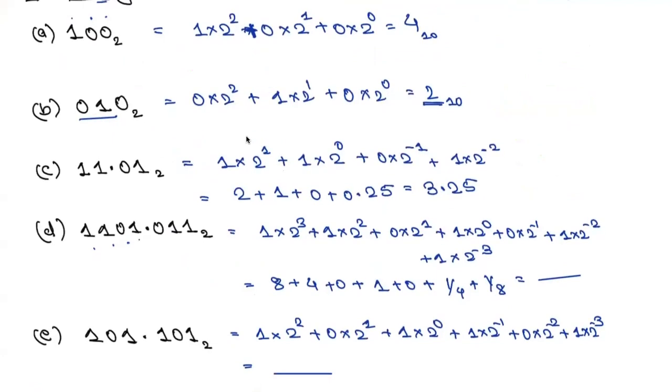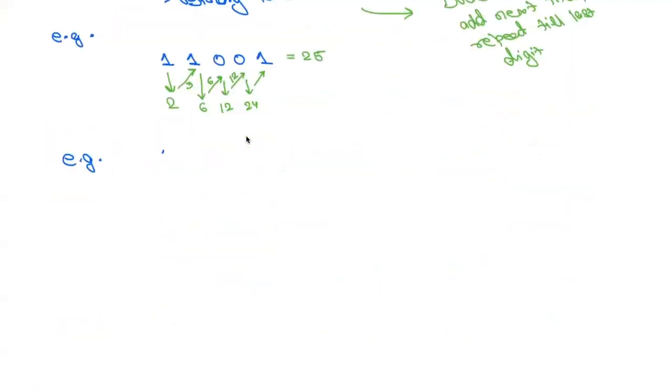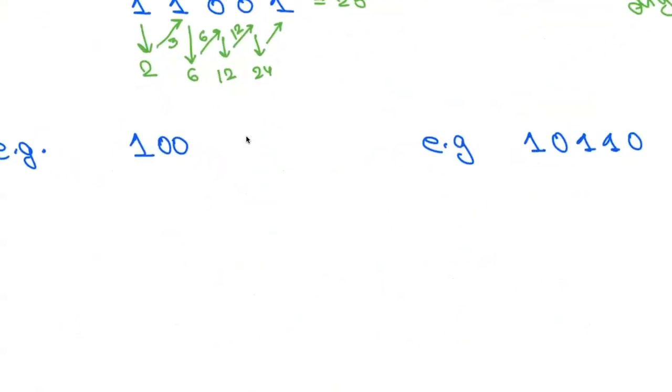ट्राई करो ये 100 वाला, 100, 10110. ट्राई. सर ट्राई कर लेते हम लोग. Double it 2, then we will add 0, it will become again 2. Then we'll double it, it will become 4.